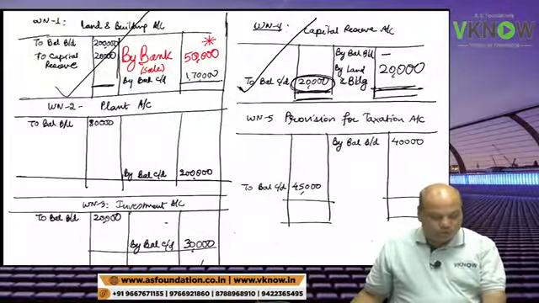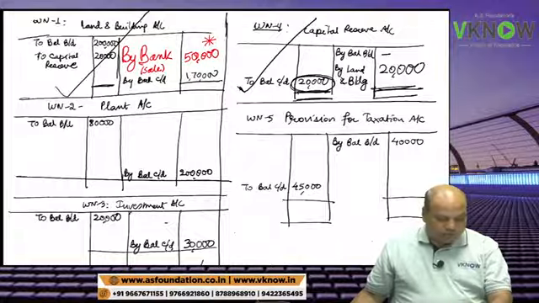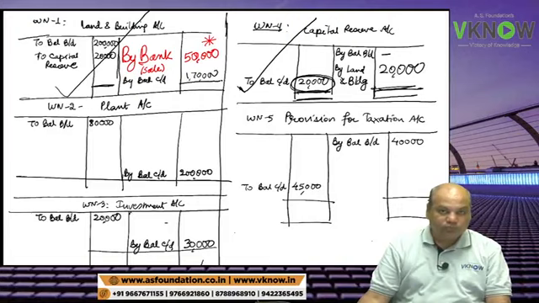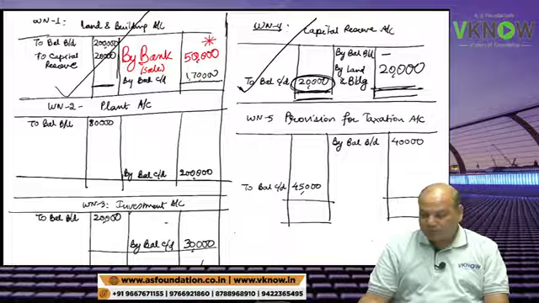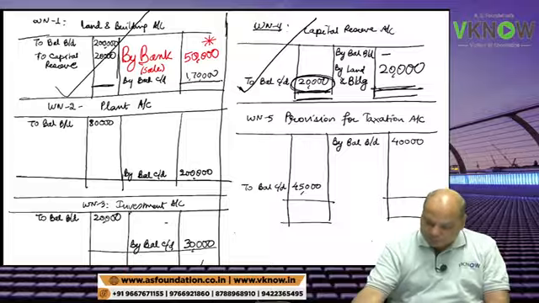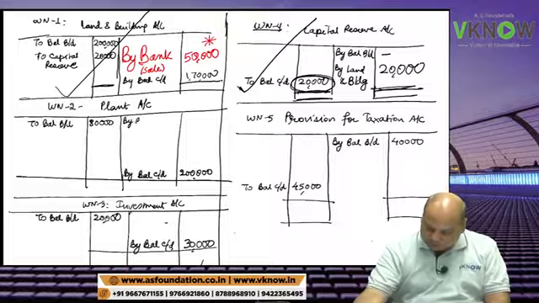Point number 2. What is point number 2? A machine has been sold for rupees 10,000. The WDV of the machine was 12,000. The depreciation of 10,000 is charged on plant account in 2010-11. So please come to working note 2 plant account. You will see on the screen working note 2 left side by bank, write down.